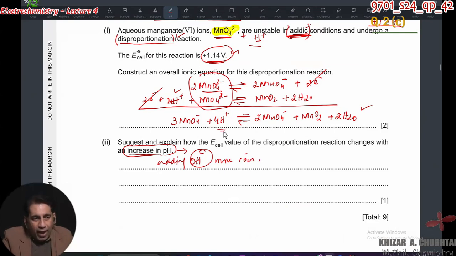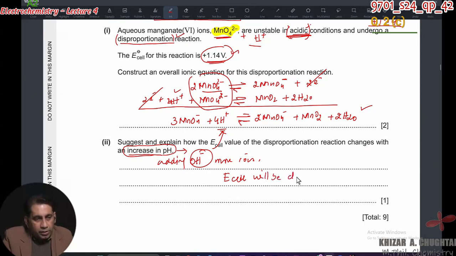So what will happen? They will neutralize H positive ion. So what will happen finally? The equilibrium will be shifted backward. Because of OH negative ion, the H positive ion concentration will decrease. So the position of equilibrium will be shifted towards the left hand side, and as a result E cell will decrease.